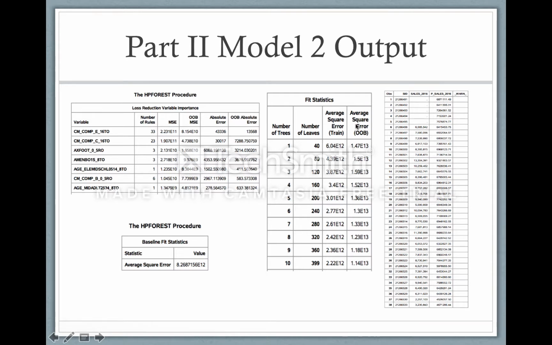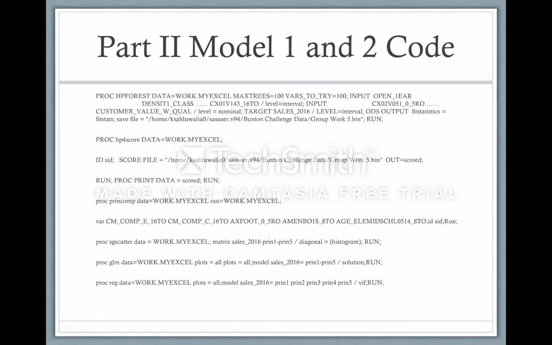Those are pretty much the 2 models. And this is the code that we used. The top half of the code up until here is all of the random forest regression, and this bottom half is all the PRINCOMP and PCR code.